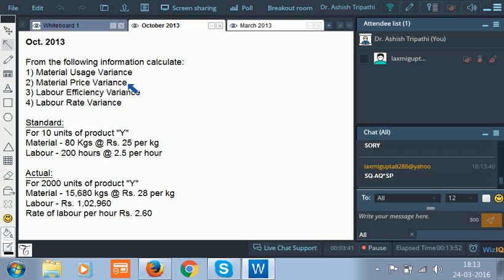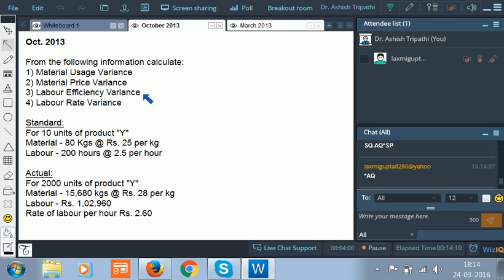Material price variance: standard price minus actual price into actual quantity. Then the third one is labor efficiency variance.